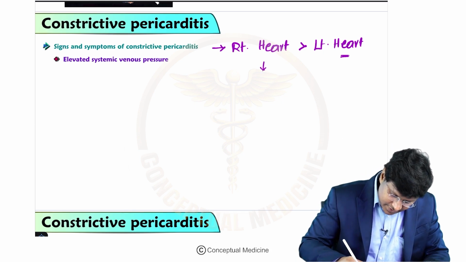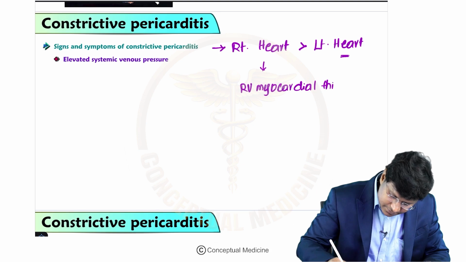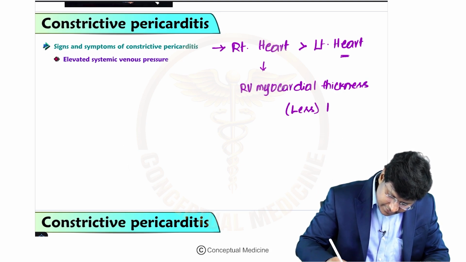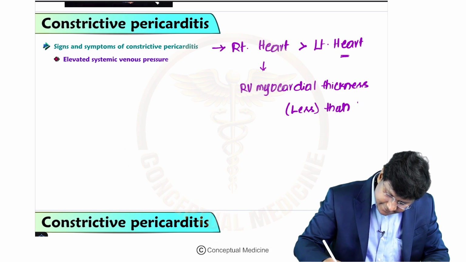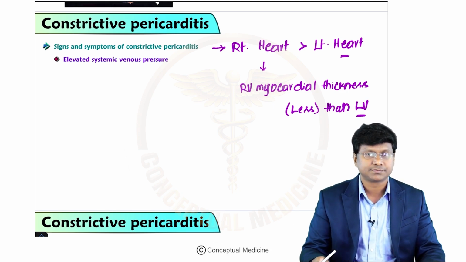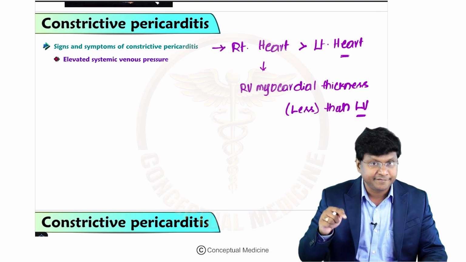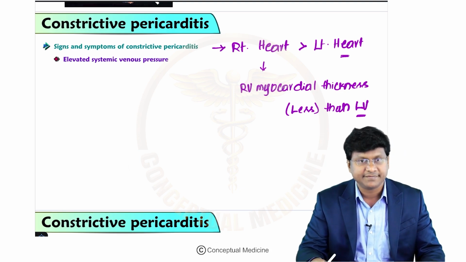Because right ventricular myocardial thickness will be less than left ventricular myocardial thickness. And that is the reason why the right side of the heart is affected first, compared to that of the left side.